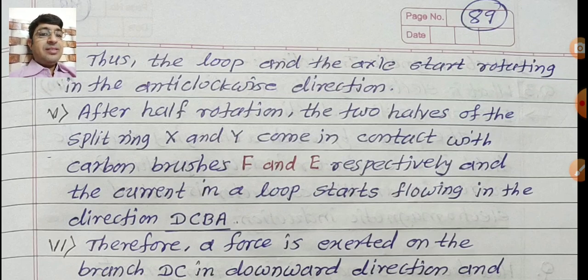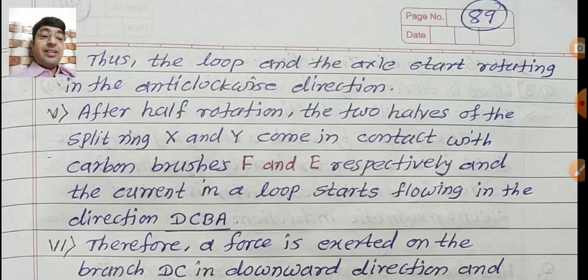Initially what happened? Split ring X is in contact with carbon brush E and split ring Y is in contact with F. But after half rotation, what happened? This is a change. So X is in contact with carbon brush F and split ring Y is in contact with carbon brush E, and the current in the loop starts flowing in the other direction.